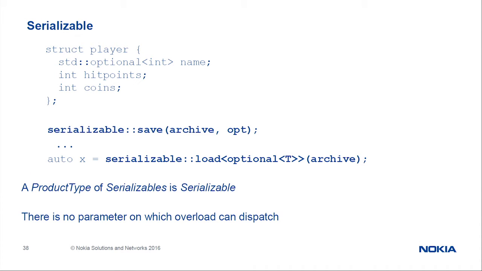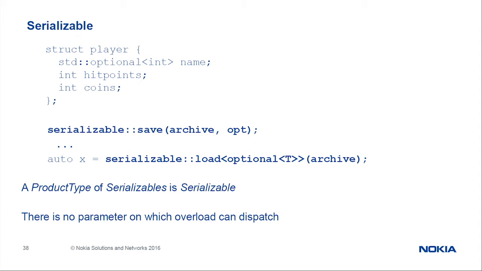Okay, another point. I will not take too much time on this one. Imagine that we want to serialize an object. And I want to be able to load an object from our archive. And I want to have this interface. I want to load an optional T from an archive.